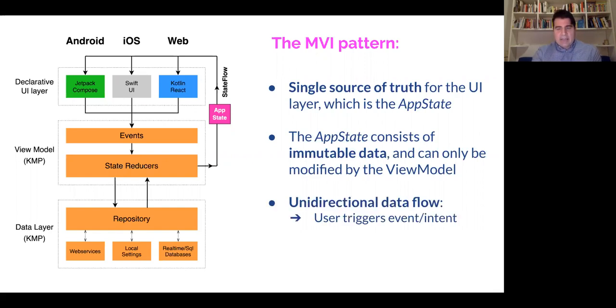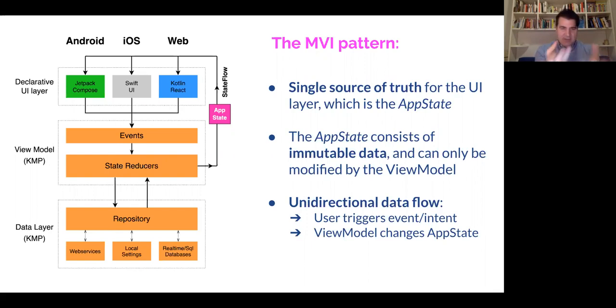And so the unidirectional data flow you can also see from this diagram. From the UI layer, the user triggers an event, or intent, you can call it, but in the diagram we stick to the word events. The events call the state reducer.